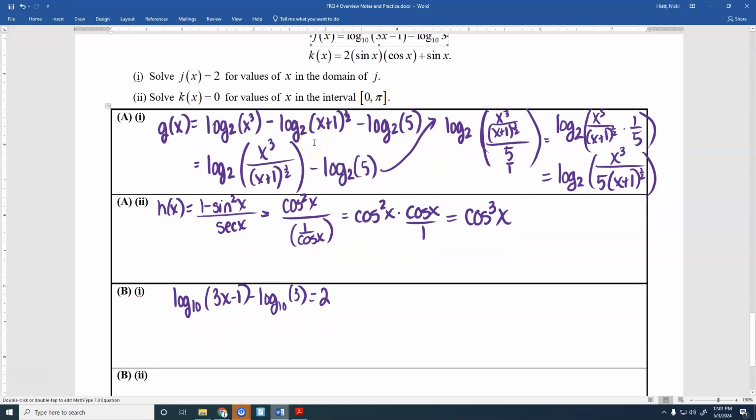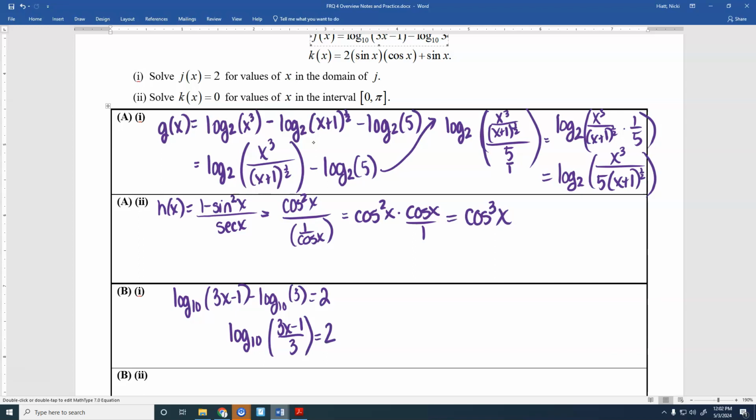What do I need to do first there? Okay, combine them and use division. So we'll have log base 10 of (3x minus 1) over 3 equals 2.